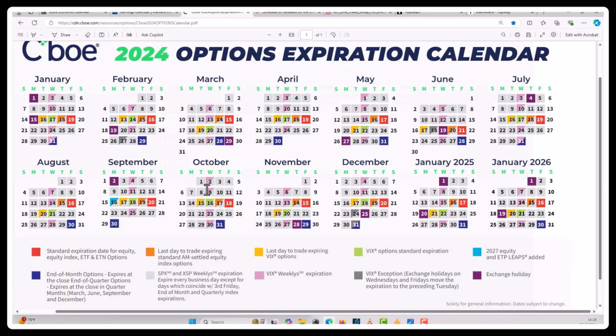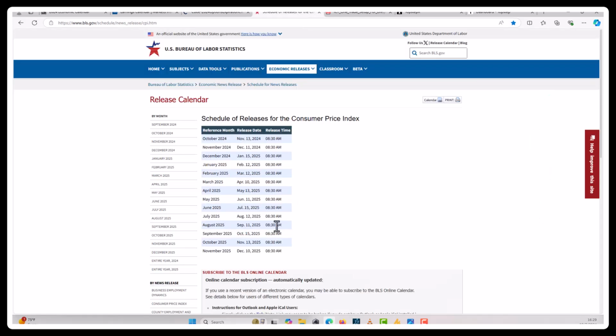Alright, so we are in week 41 now, and we are right here, the second week of October, basically in the last quarter of this fiscal year. And the next economic event we're looking for is going to be October 15, which is the CPI data.